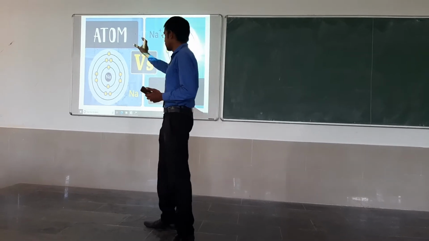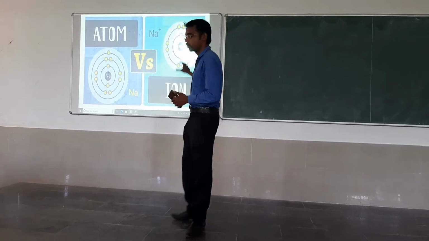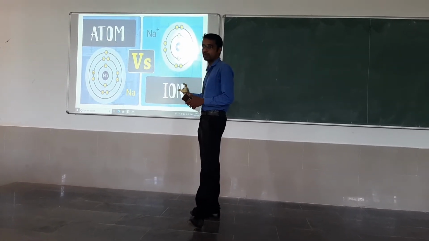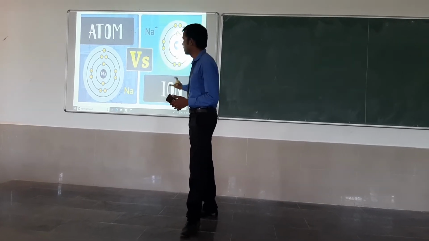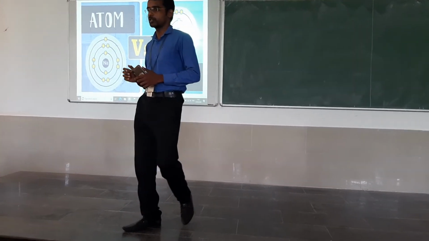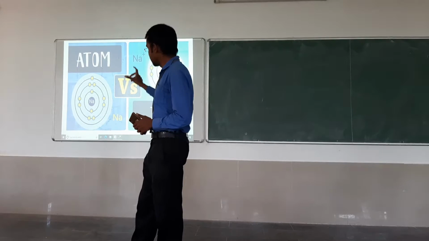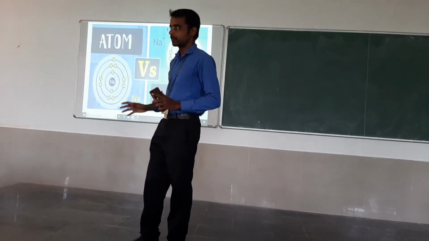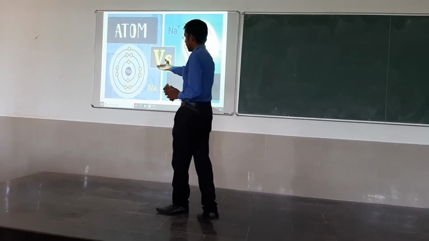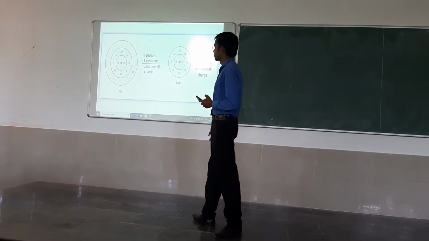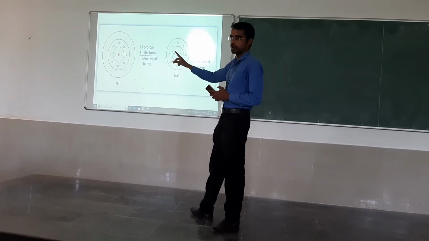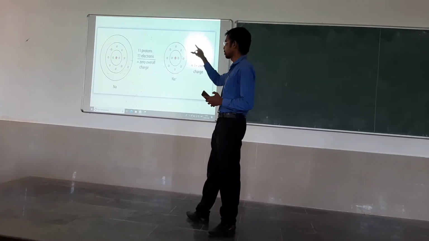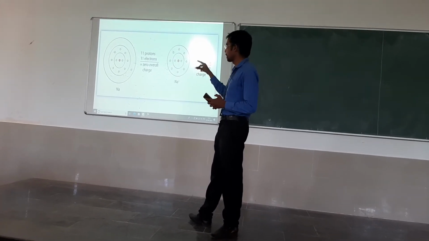Now, atoms don't make any difference in the human body. Ions make all the difference. There is a similarity between atom and ion, which we are going to see. An atom as such is not stable. For example, a sodium atom has 11 protons and 11 electrons revolving around it.